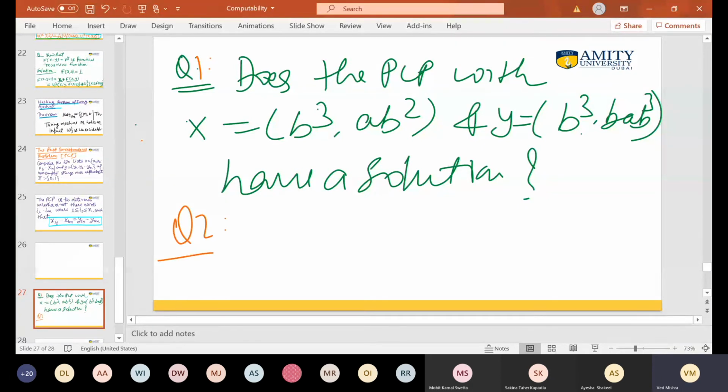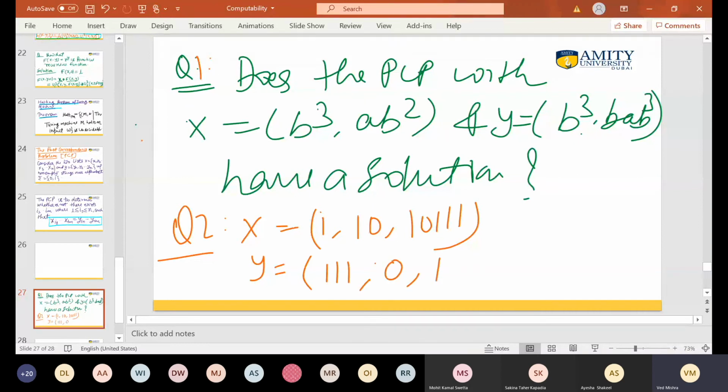Question 2. x equal to 1 0 1 0 1 1 1 and y equal to 1 1 1 0 1 0. Find the PCP solution.